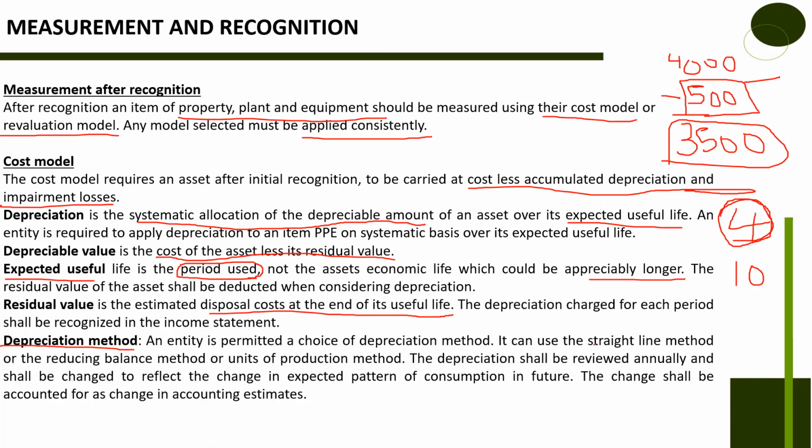You can either use the straight line method or the reducing balance method. The depreciation shall be reviewed annually and shall be changed to reflect the change in the expected pattern of consumption in future. The change shall be accounted for as a change in accounting estimates.